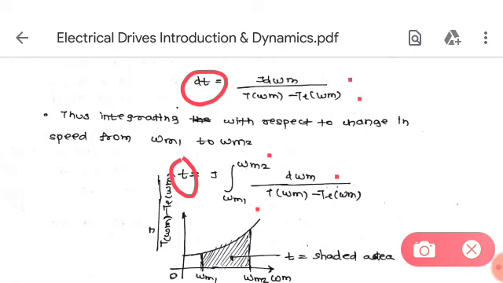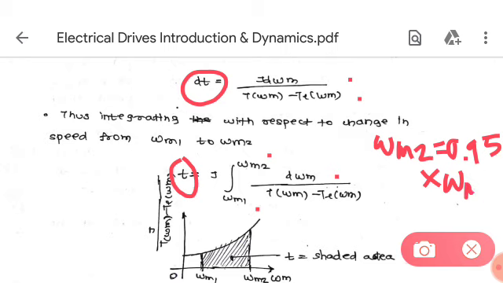where omega m2 is 95% of the final equilibrium speed. Meaning, suppose there is a speed change.